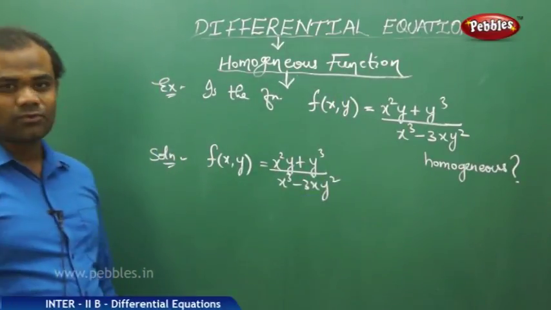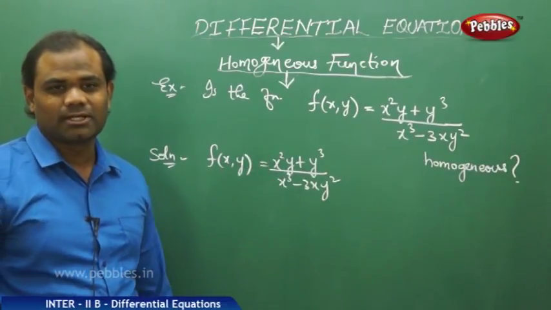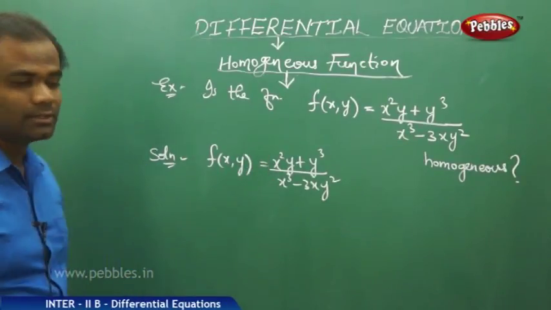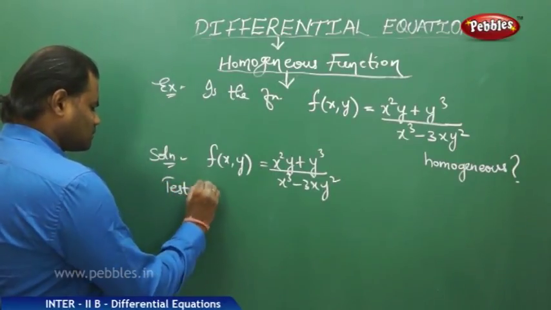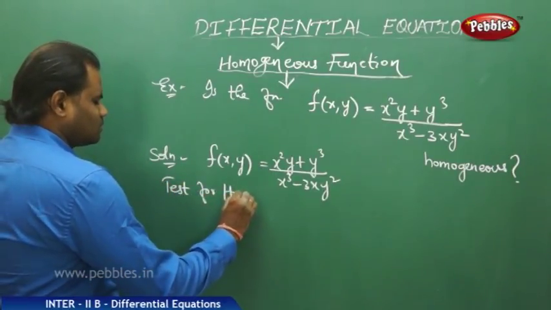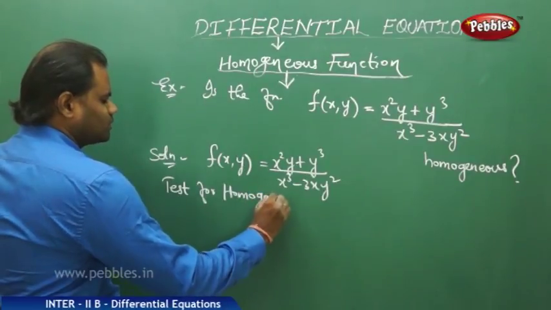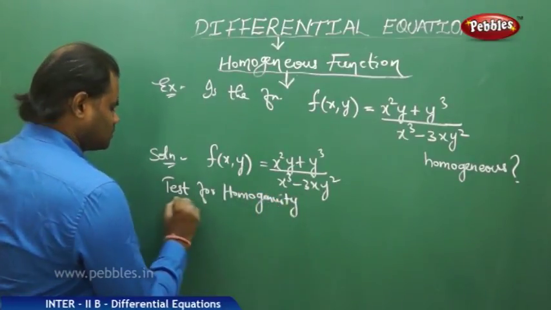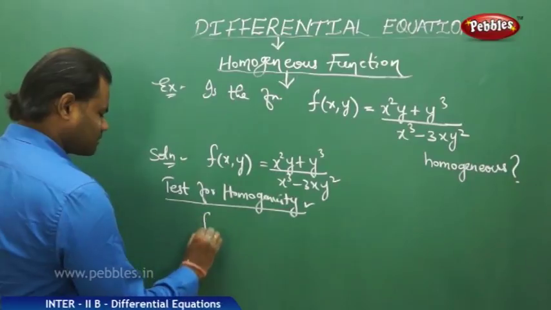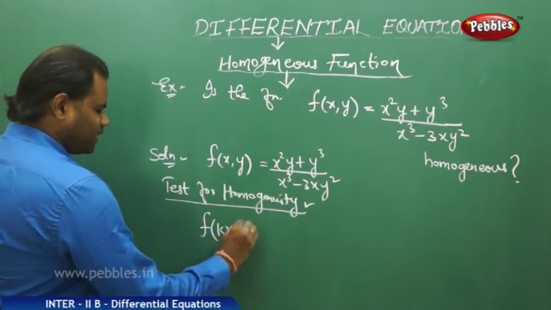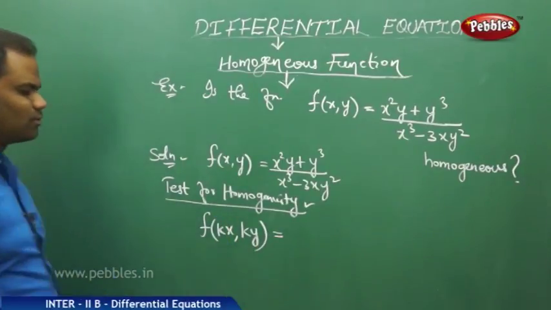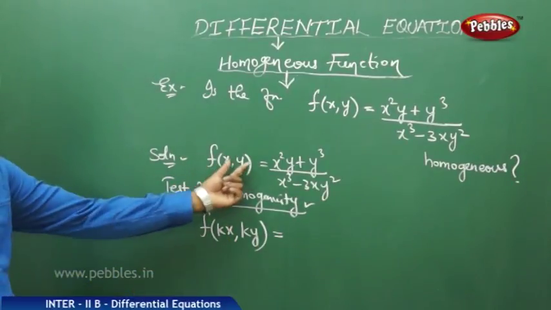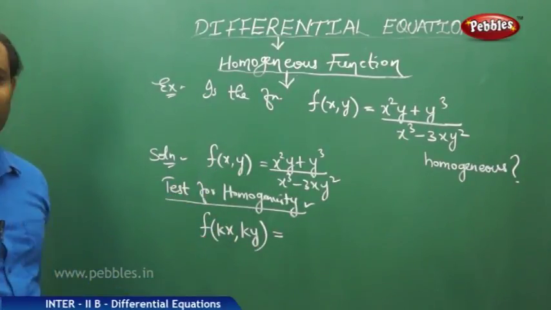Now in order to test for this function to be homogeneous, I use the test for homogeneity. I consider f of kx ky and then test for homogeneity. In place of x I have kx, in place of y I have ky.